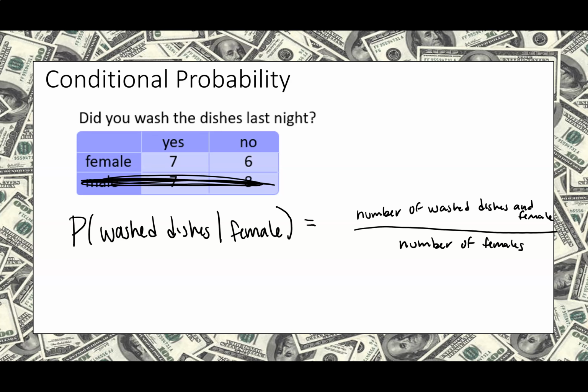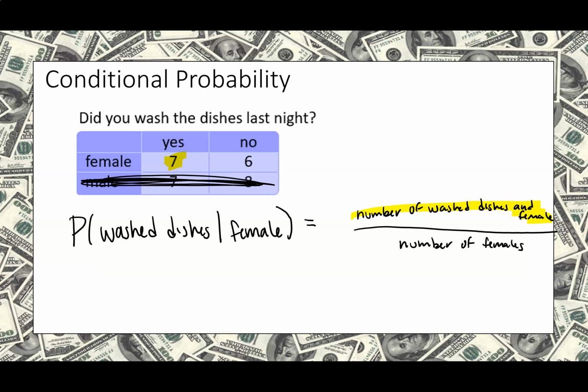Okay, well, let's deal with the numerator here. What is the probability, or just the number really? What's the number of washed dishes and female? We're looking for both of those things. So washed dishes and female. Well, that would be this right here. 7 females wash the dishes. So that's the number of washed dishes and female.